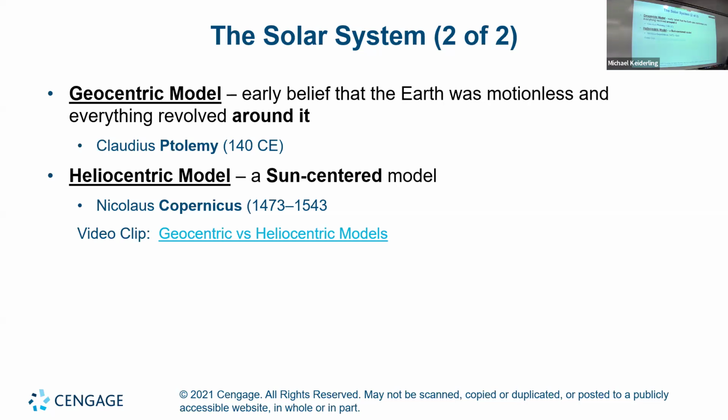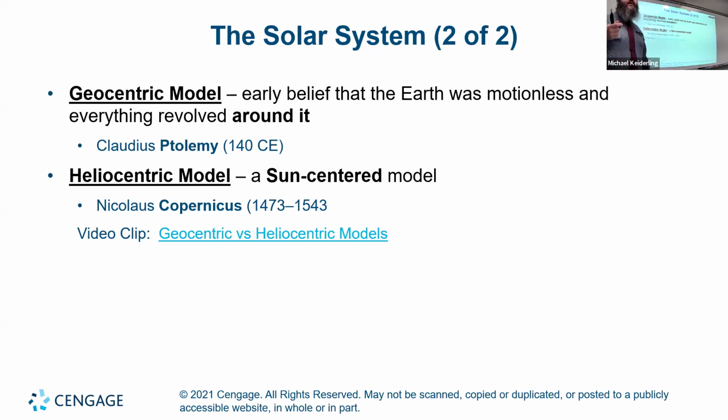The most detailed version of this, which was able to make the best predictions of the positions of the planets and things like that, was the one put together by Claudius Ptolemy in 140 CE. He built the most advanced version of this that handled the motion of the planets with cycles on cycles. And this held sway until about the 1500s.